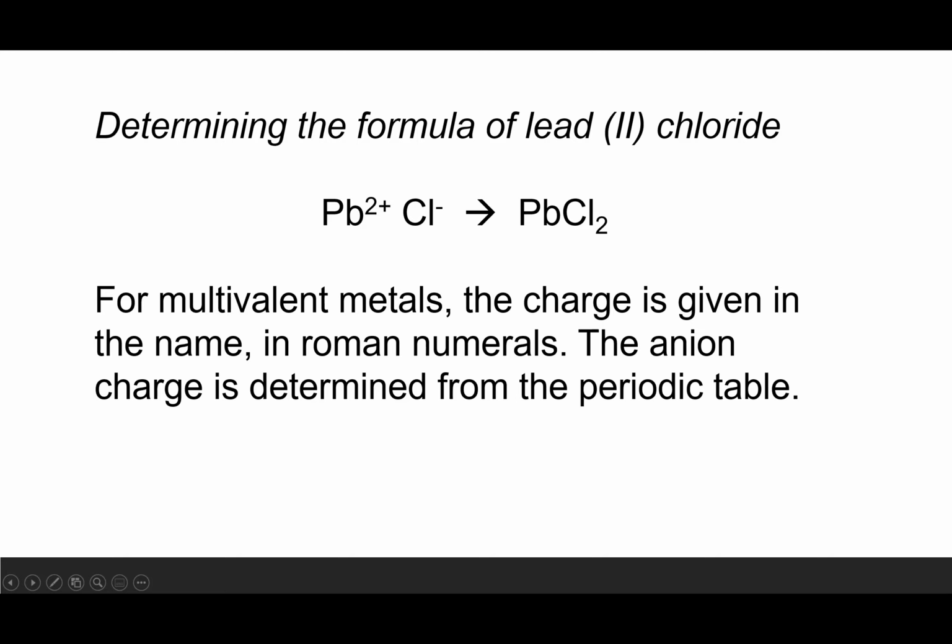Chloride, based on its position on the periodic table, has a 1- charge, and then I can cross over, so the 2 and the 1 cross down, and I am left with PbCl2. My positive and negative charges are going to be balanced within this compound.